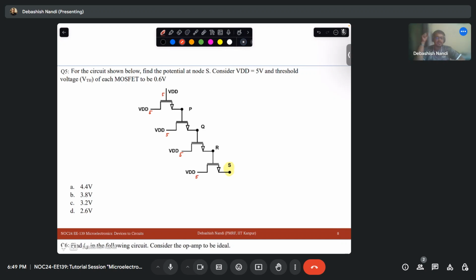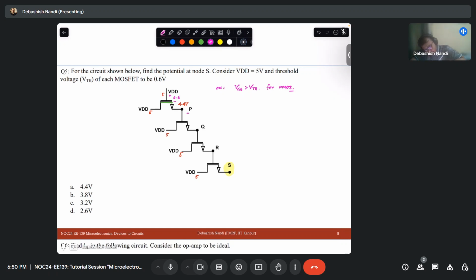Fine. For the transistor to be on, we know that P has to be 4.4 volt, because we need at least a threshold voltage drop, because my VGS has to be greater than VTH for NMOS, right? For the on condition of the transistor.